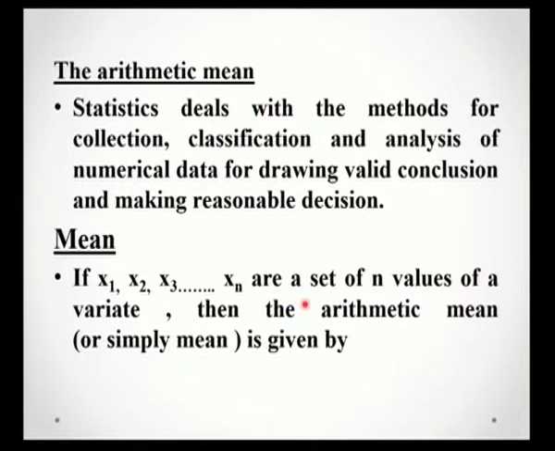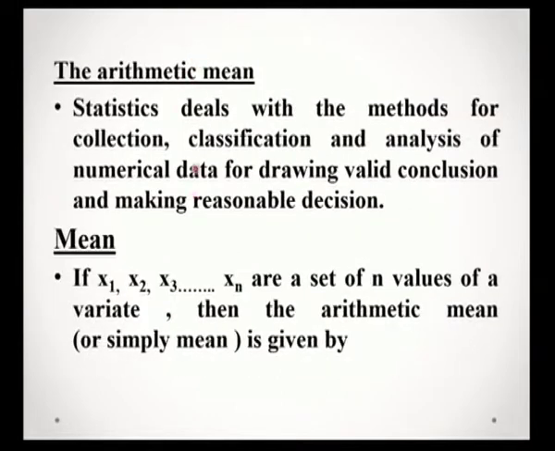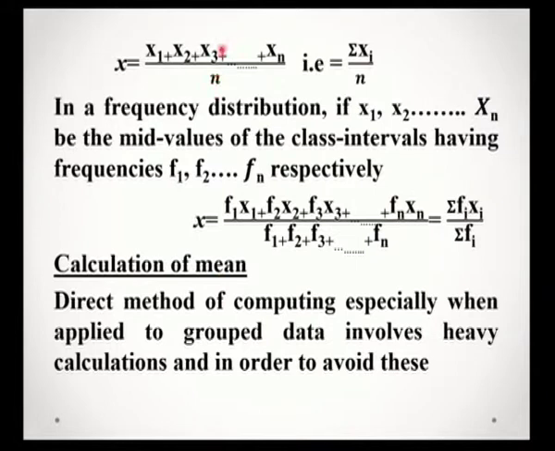Then the arithmetic mean, or simply it can be called as mean, is given by x bar is equal to x1 plus x2 plus x3 plus etc. plus xn over n. That means we have to add all the samples x1, x2, x3 and divide the sum by number of samples.